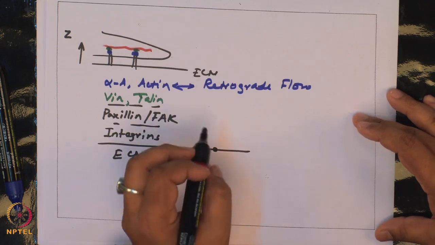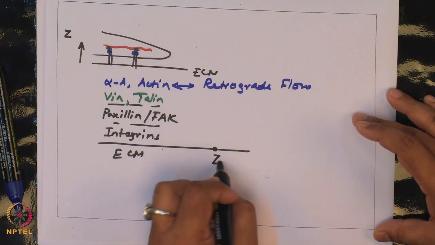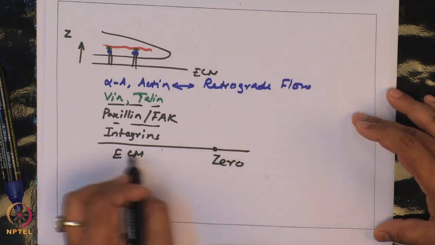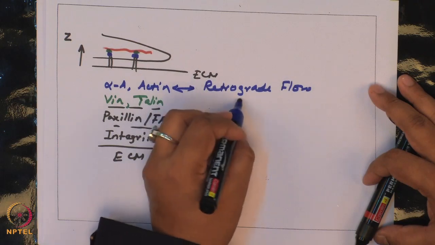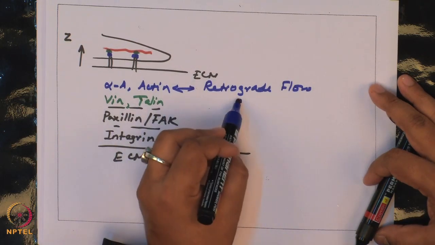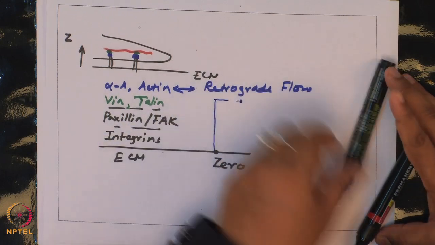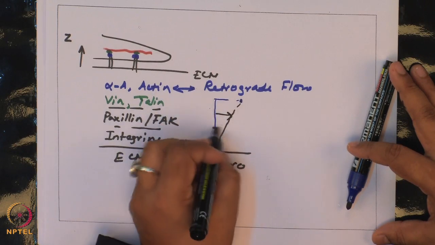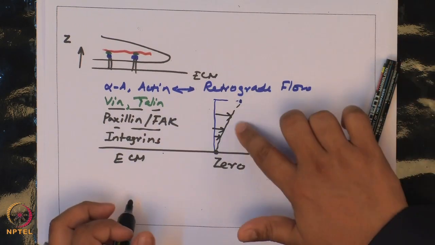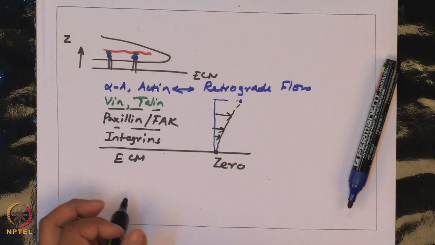If I were to characterize the speed, what you should have here is 0, there is a no slip condition at the base, and at the maximum, let us say at this blue point, you have a certain speed. This would mean that all these intermediate proteins will have some sliding speed which scales with height, and this is what has been found.